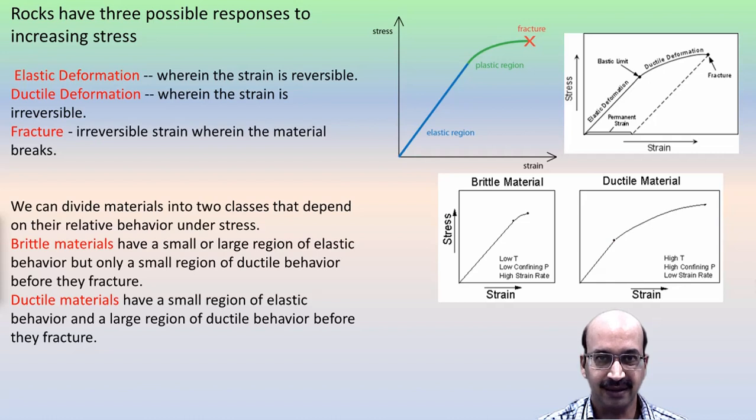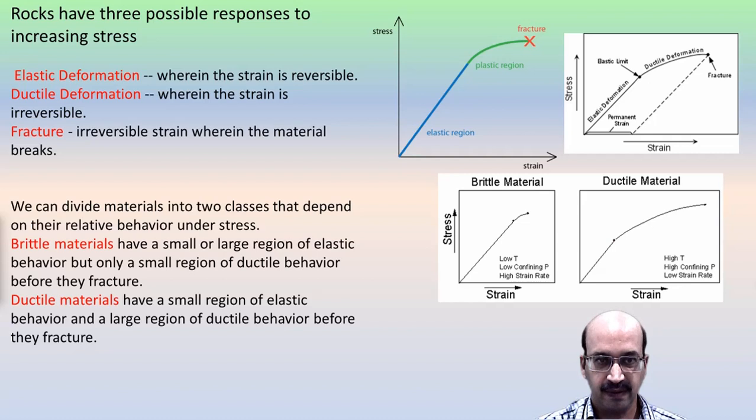And the material enters the plastic region, that is, it shows ductile deformation where the strain is irreversible. At a certain point, the material breaks, and this point is called the fracture point. We can divide the materials into two categories depending upon the behavior of these materials.